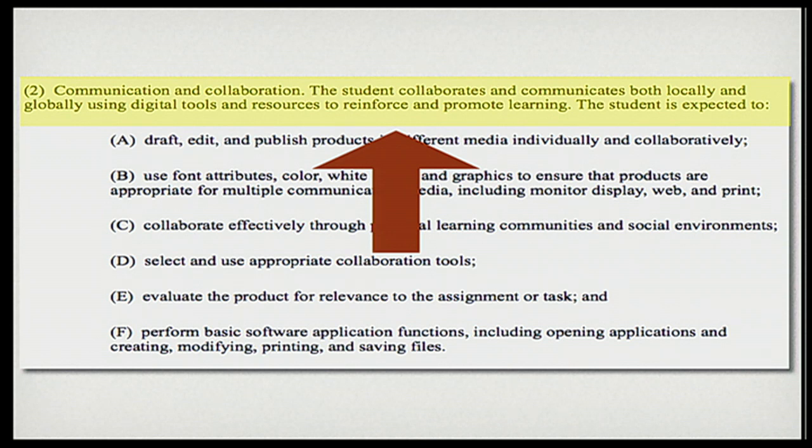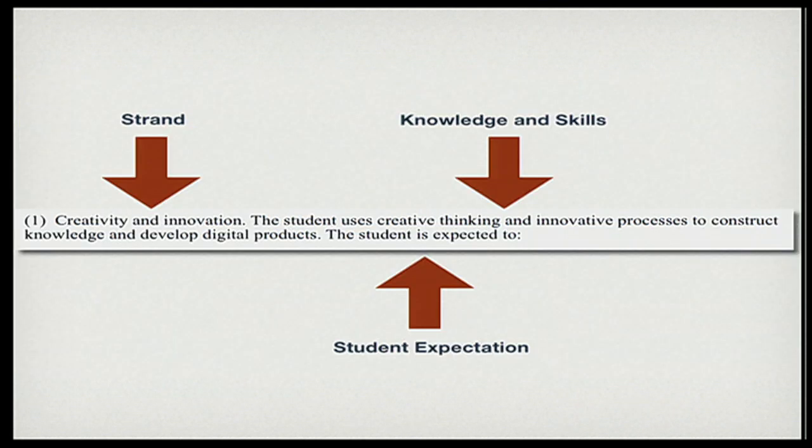So let's look at that one right up there at the top. I just grab that, and the first part is the strand itself. This strand, creativity and innovation, is the first part that introduces that whole set of TEKS in this knowledge and skills statement. So you know that everything underneath that is in the creativity and innovation strand.